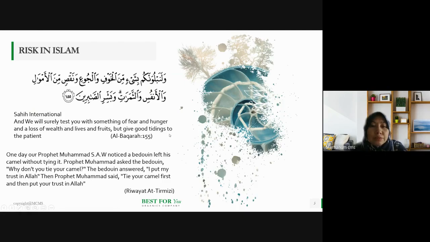Allah said, but give good tidings to the patient, as-sabirin. So then we have to define who the sabirin are. What does patient mean here?